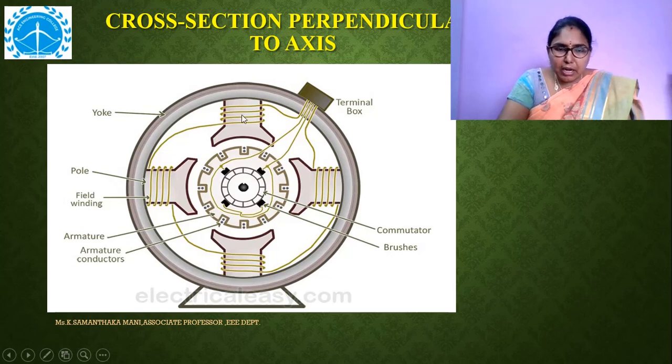Suppose I start with the north pole here: north pole, south pole, north pole, south pole. So the total flux starting from here is phi. Out of this, phi by 2 will enter into this one to close its magnetic circuit, and this will flow through the yoke part. Like this, the circuit will be closed. Similarly on the other side also.